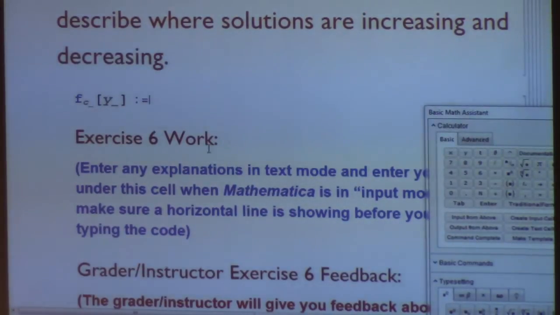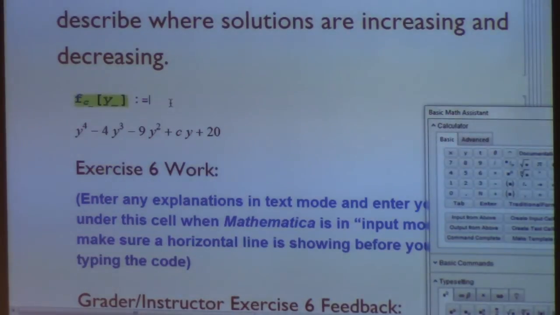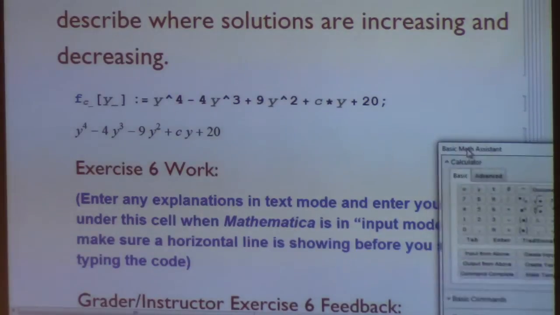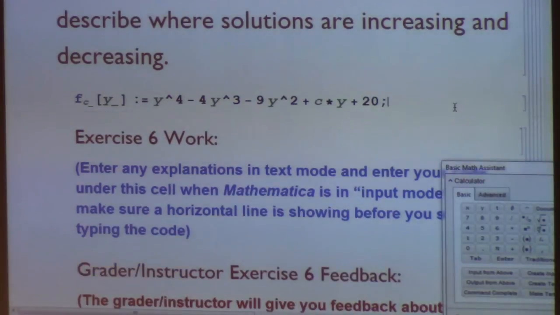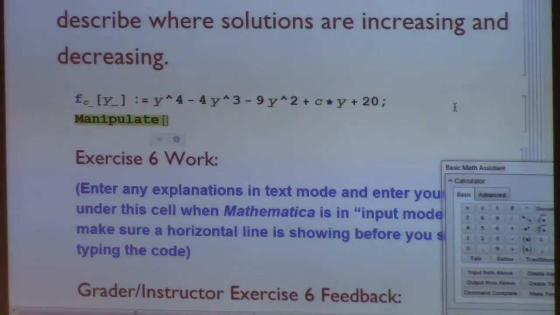Okay, well, at least we can see it if I paste it down. y to the fourth minus 4y cubed plus 9y squared plus c times y plus 20. There is your function. Minus 4. Thanks for catching that. We want to plot that and put that plot inside Manipulate to make the animation.